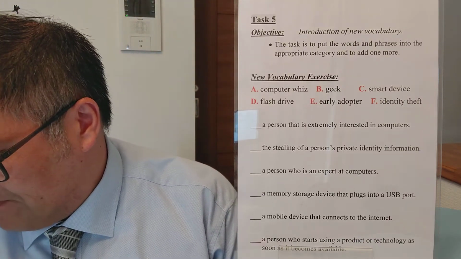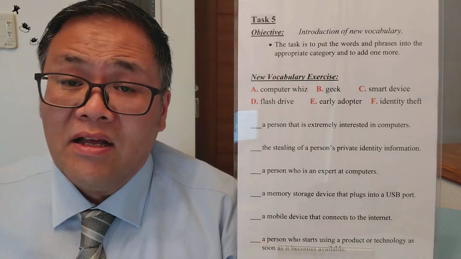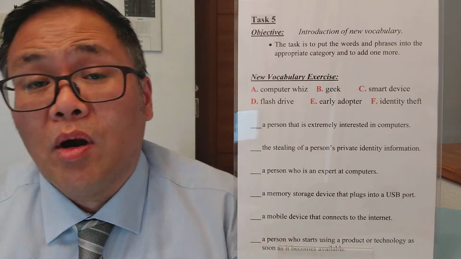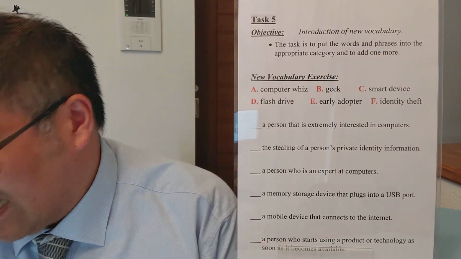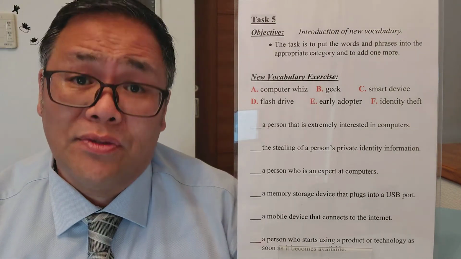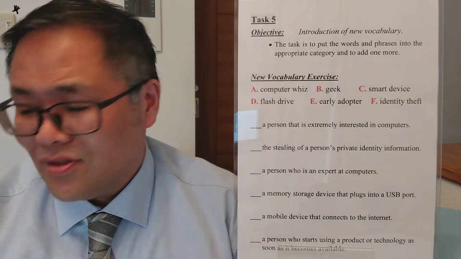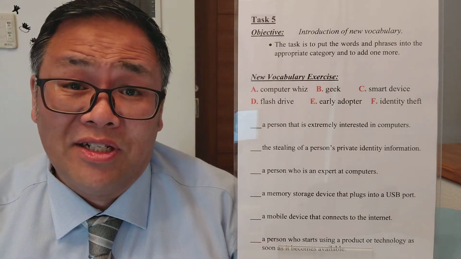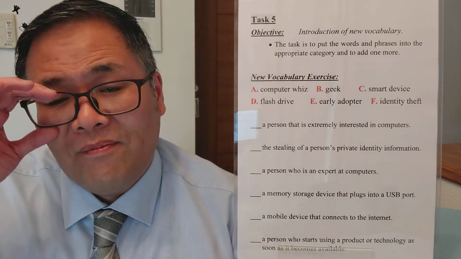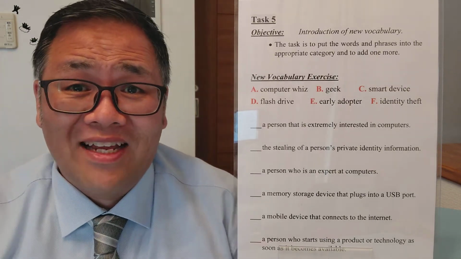In your textbook, the 4 categories are problems with technology, gadgets and devices, people who are into technology, and things to do online. Put 4 of those expressions in each of the 4 categories.